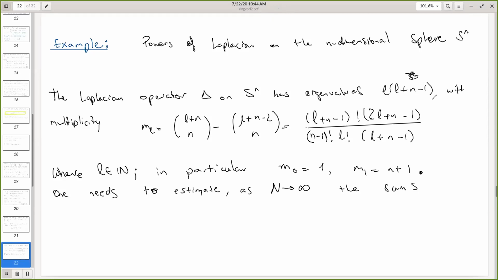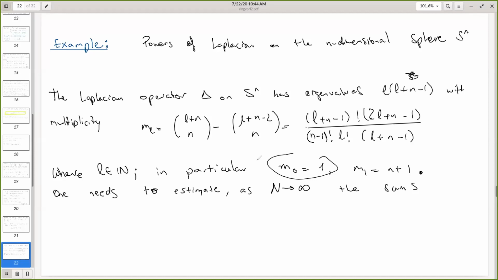Let me look at it. Usually you have the orbital momentum algebra, and it has l times (l plus 1) eigenvalues and so on. But the point is, the Laplacian operator delta on S^n has these eigenvalues with a certain multiplicity m_l, where l is an element of the natural numbers, and in particular m_0 is equal to 1, m_1 is n plus 1, and so on.